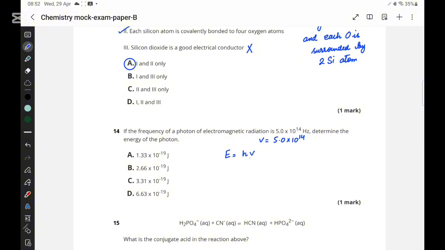The formula is E equals hV. h is the Planck's constant, which has a value 6.6 times 10 to the power minus 34, times the frequency 5 times 10 to the power 14. Then the value of E comes out to be, after multiplying them, 3.313 times 10 to the power minus 19 joules. So our answer is going to be C.